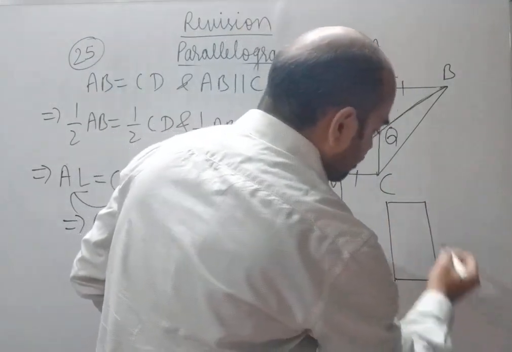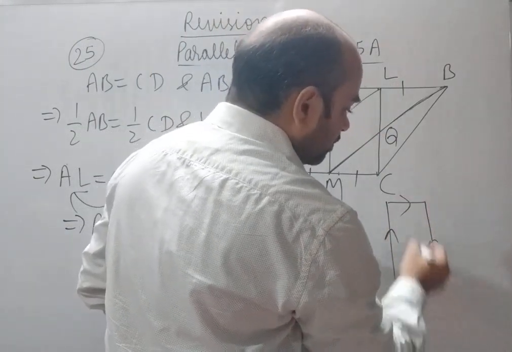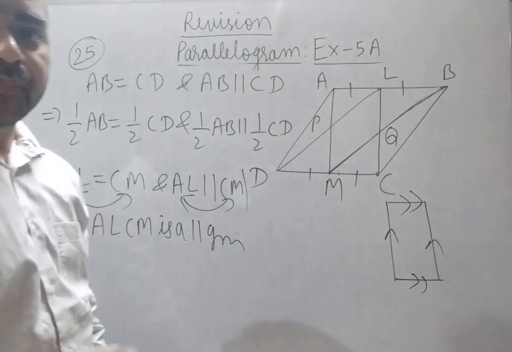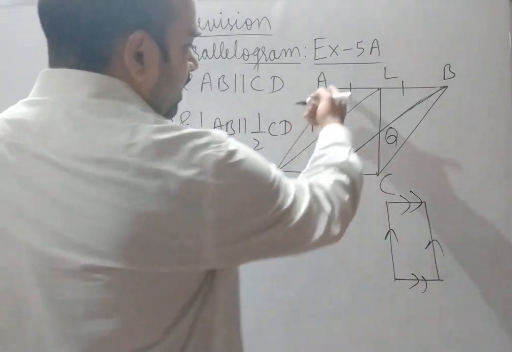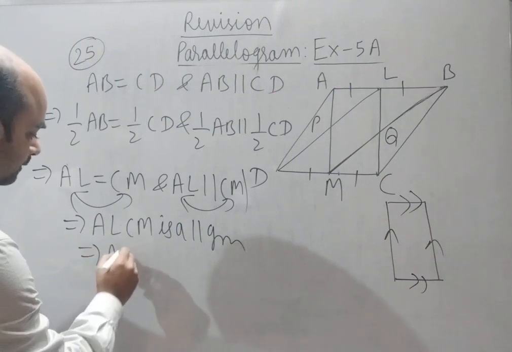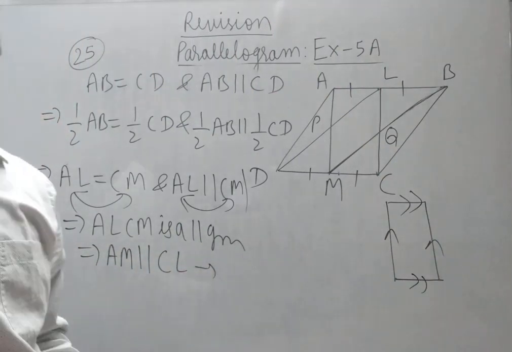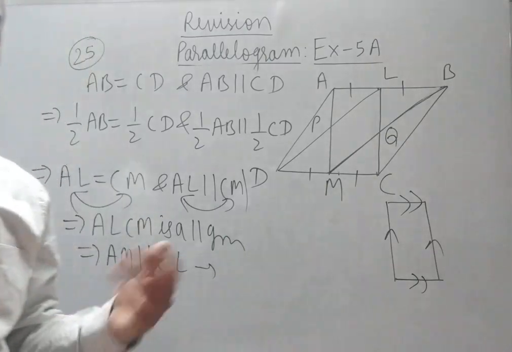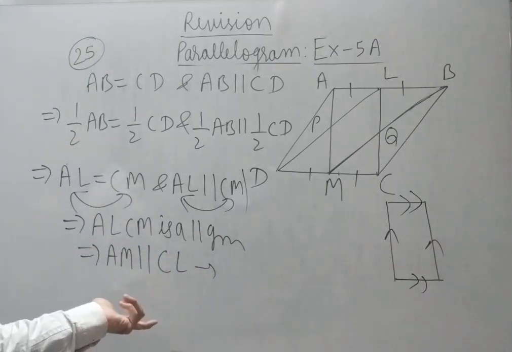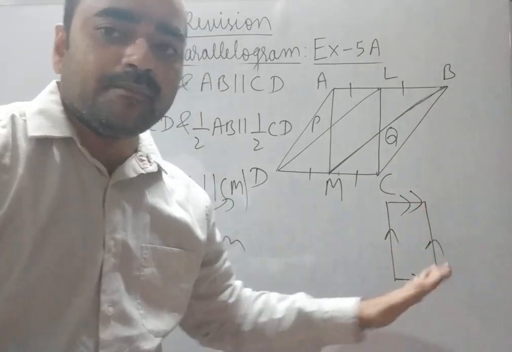Correct? So if this is a parallelogram, it means both pairs of opposite sides are equal and parallel. So we can write AM will be parallel to CL. Correct? Property of parallelogram. If any quadrilateral is already proved to be a parallelogram, it means we can use the property, what? Opposite sides are parallel.